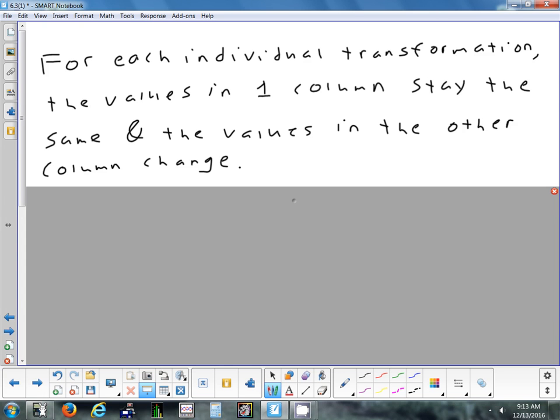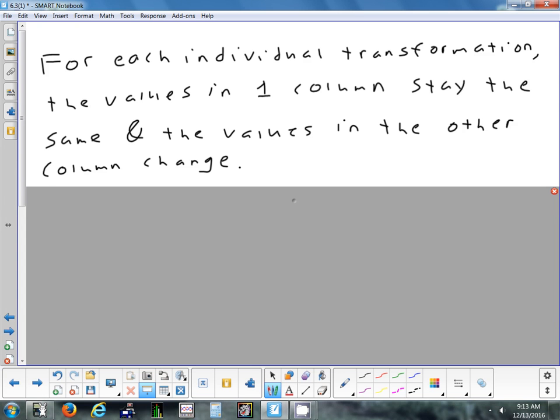The only way they would both change is if you do two things at the same time, like shift it right 2 and up 7. Now you're changing x's and y's at the same time. So for each individual transformation, the values in one column stay the same, and the values in the other column change.